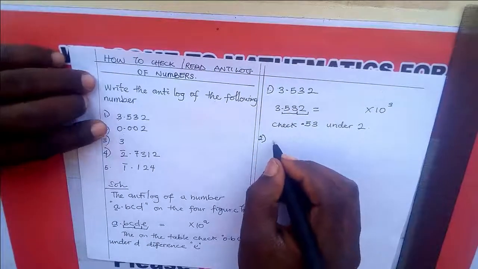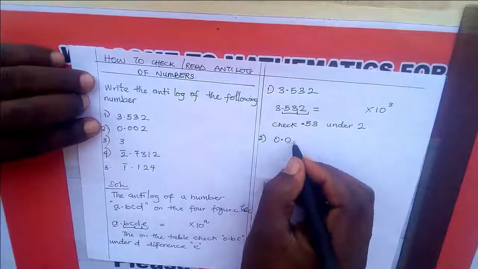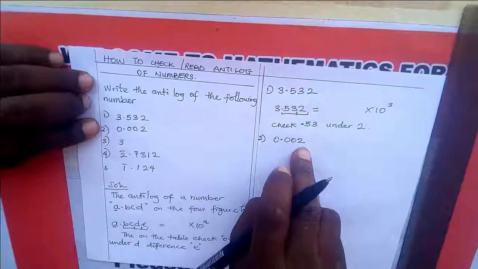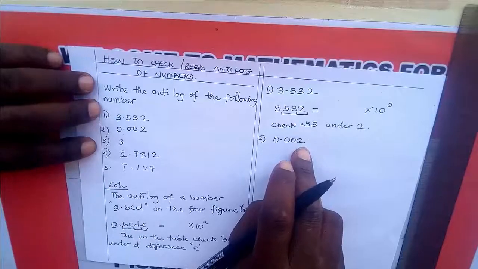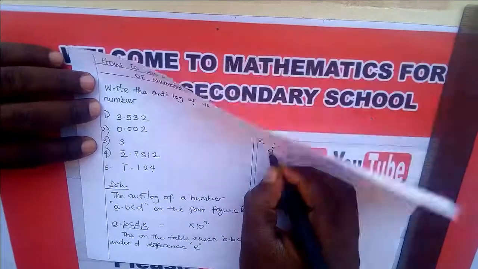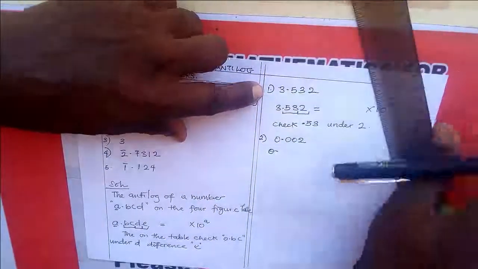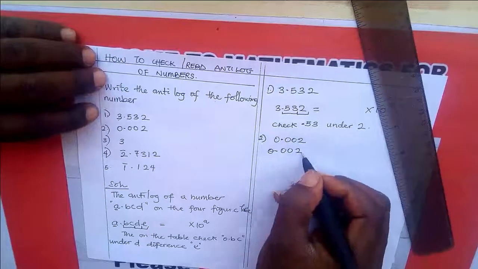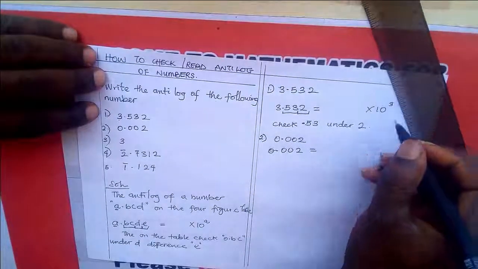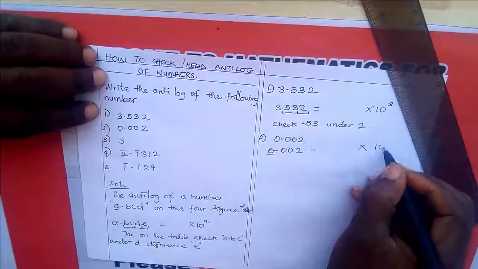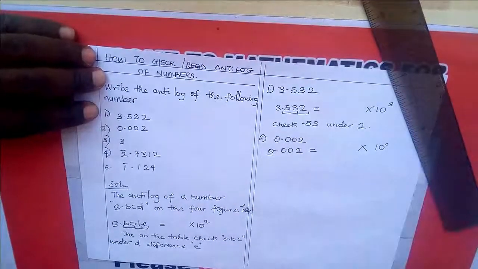The second one I have is 0.002. How do we read or check the antilog of this number? 0.002 is equal to, the characteristic is 0, so 10 raised to the power of 0.